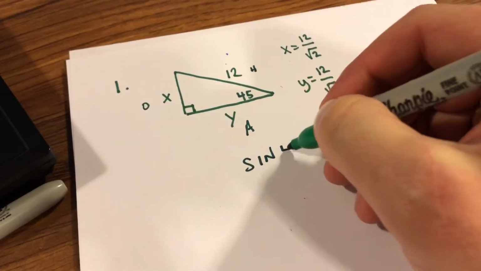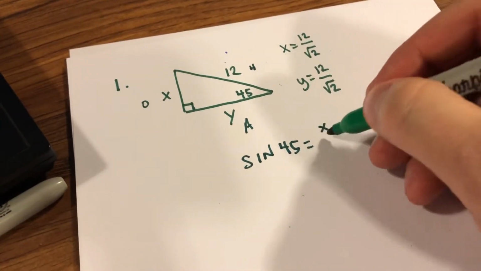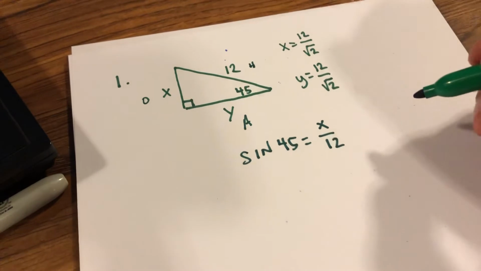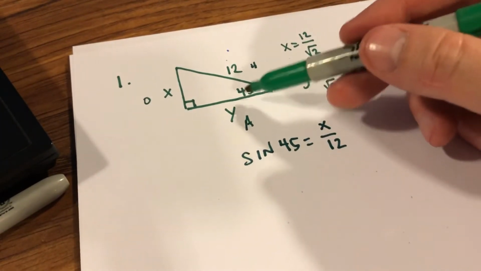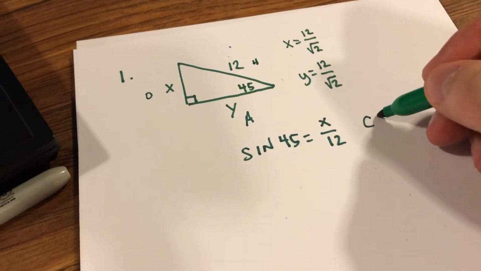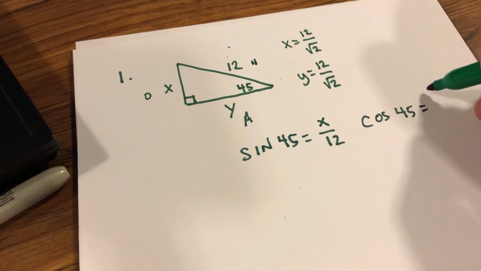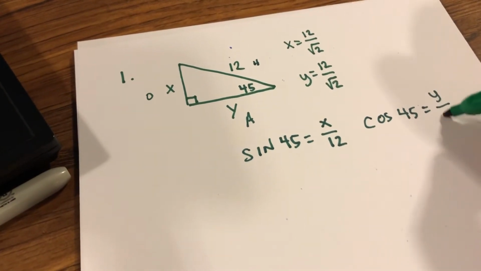So the sine of 45 would be equal to x over 12. And then to find y, that would be the adjacent and the hypotenuse, so I'm going to use the cosine of 45 is equal to y over 12.